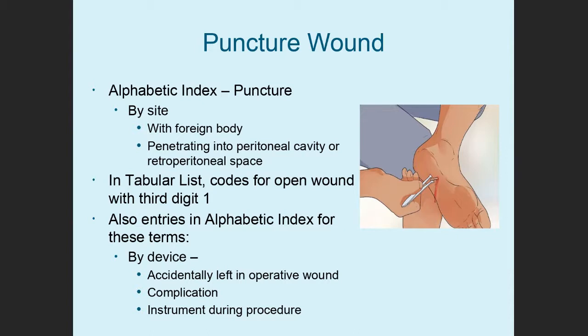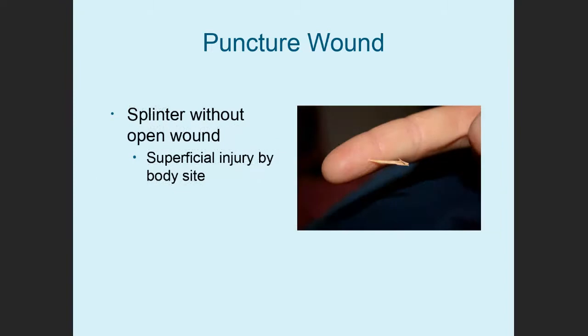The alphabetic index also includes indents for by device, accidentally left in operative wound, complication, instrument during procedures. These are not traumatic injuries, but complications. So you're going to do that with a complication of a surgery, not with a wound, not with a puncture wound. Puncture wounds also include splinters. These are coded as superficial injury by site.